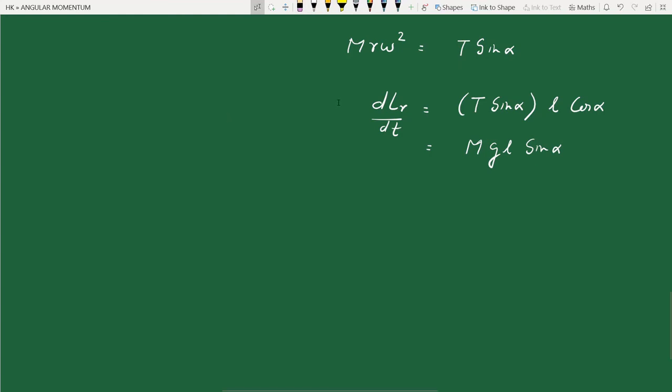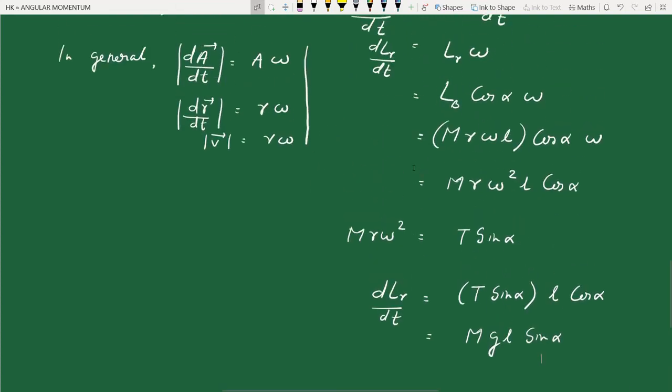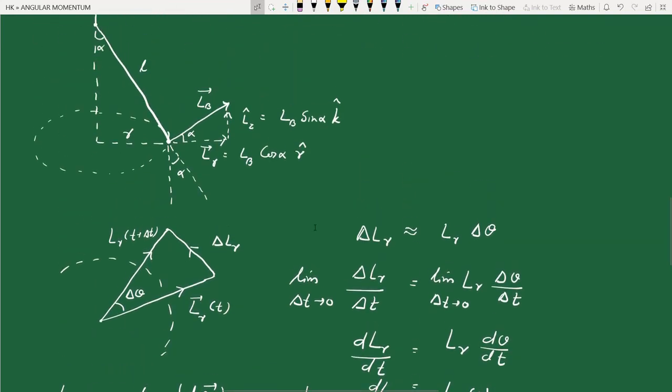This is the magnitude of dLr by dt. Now what is the direction of dLr by dt? From the figure it is clear that the direction of dLr by dt must be the same as the direction of delta Lr, the change in Lr.